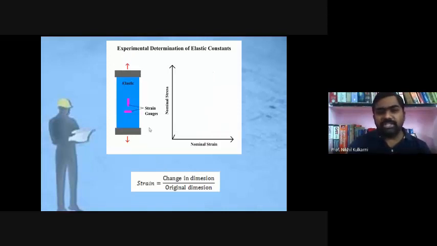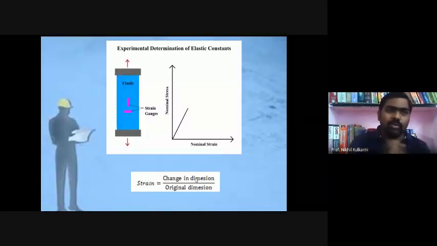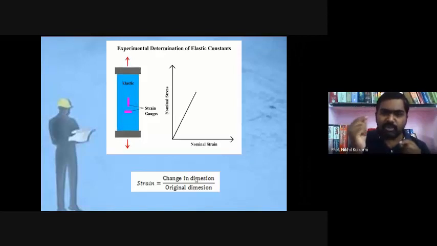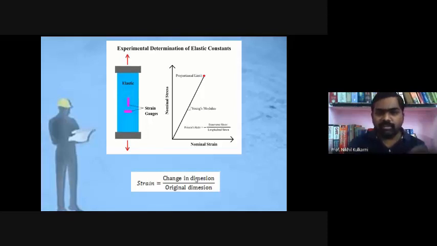So the change in dimension was a little bit. देखो stretch जो रहता है ना, that is very nominal. Change in dimension was very nominal. Original dimension we will take that. So strain will get a very small value. Remember this? Have you got it? The strain concept, that is the change in dimension to the original dimension.